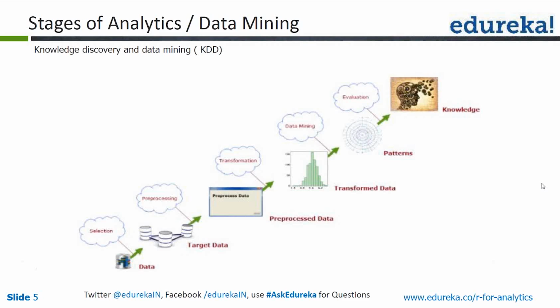In other words, there are so many jargons in data science, such as data cleansing, data munging, and all those things. Those are what you call pre-processing of your data, right? The next step is where you take the pre-processed data and start to do some transformation of it. Transformation is where the data wrangling happens.